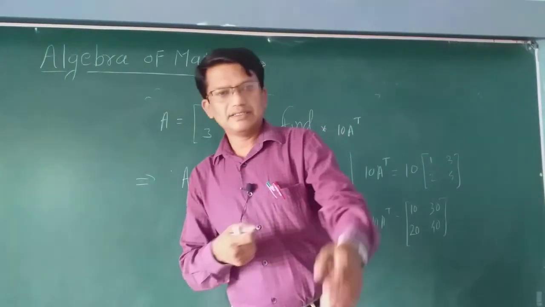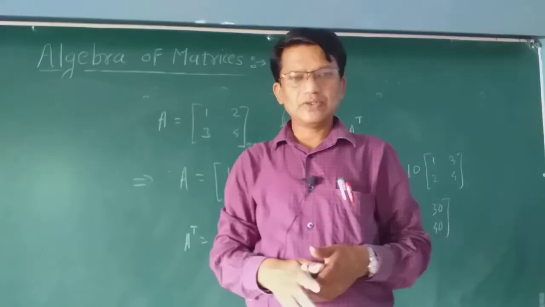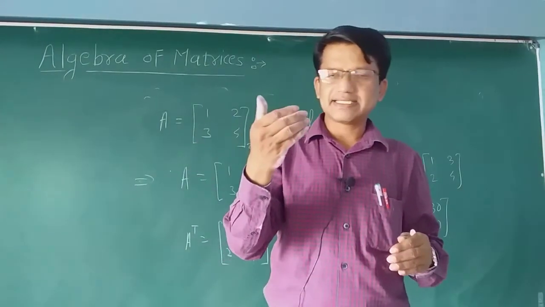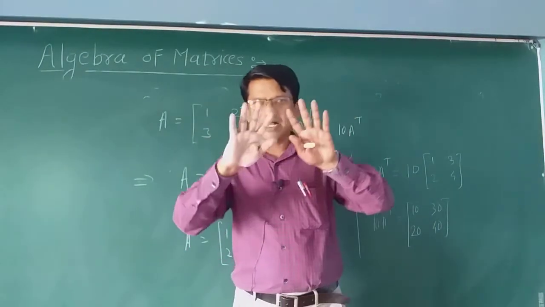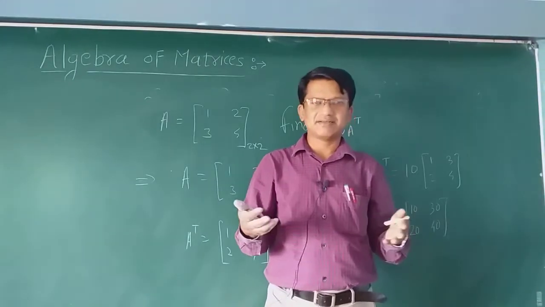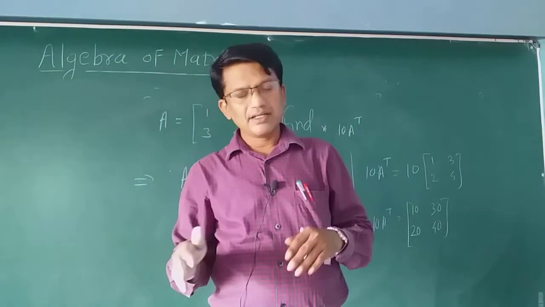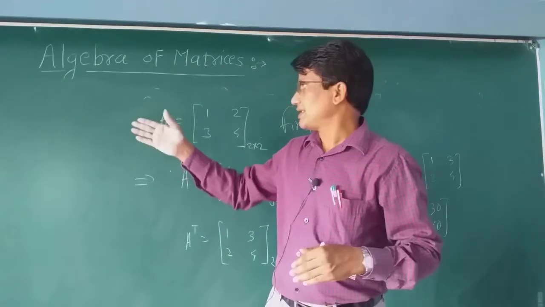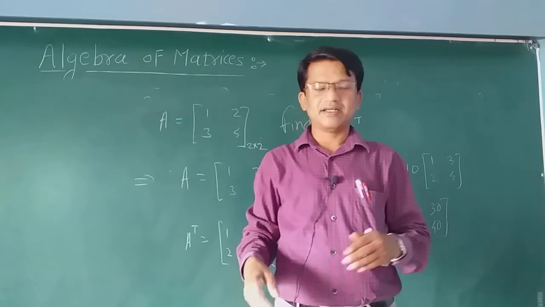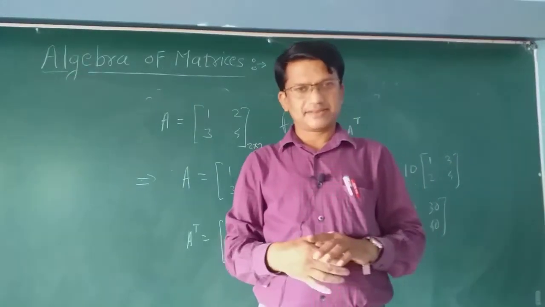Okay. Thus we have discussed here the algebra of matrices. In algebra there is addition, subtraction, multiplication, like that. In the concept of the algebra of matrices, we have discussed equal matrices.